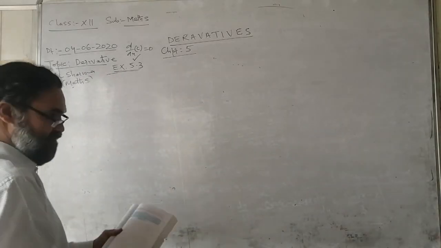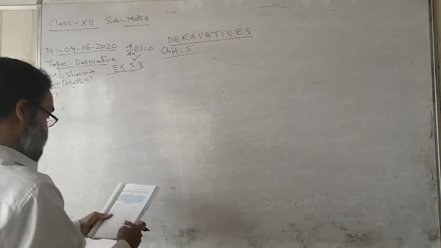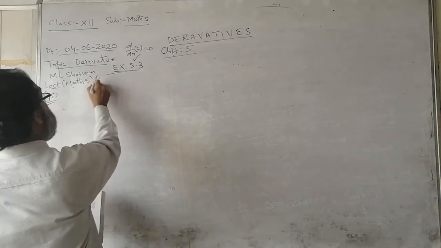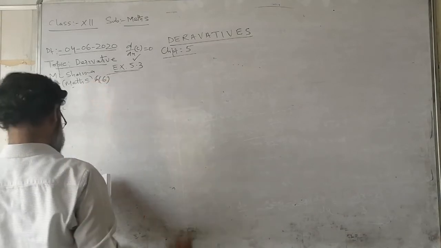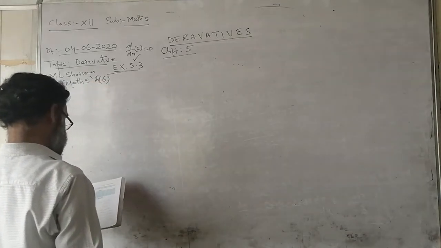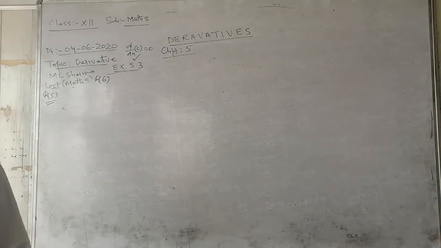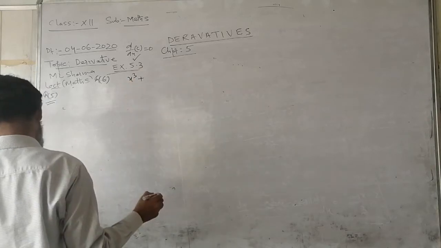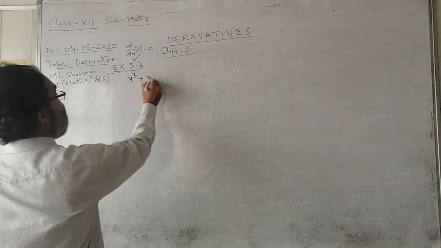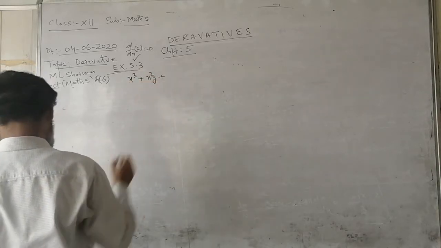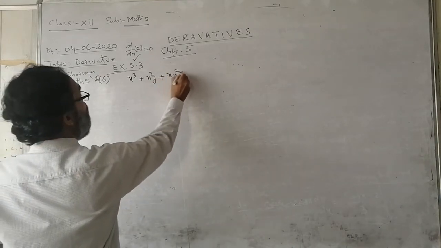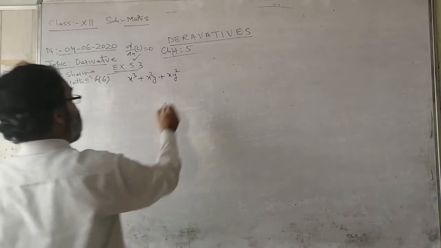So one more question of same type. I can take 6(1). You have to find dy upon dx of x cube plus x square y plus xy square and plus y cube.